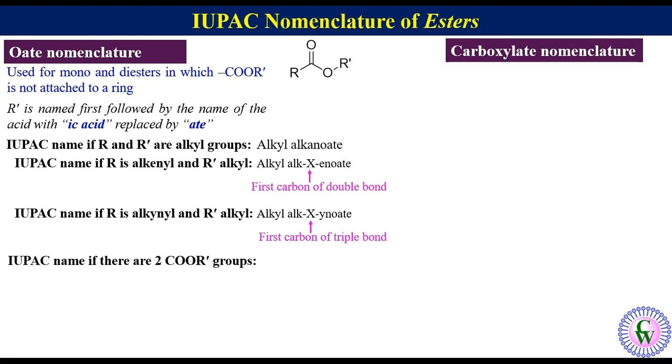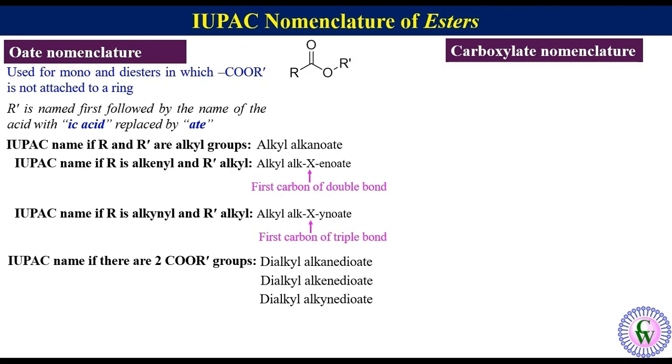If there are two ester groups, then depending upon the nature of the R group, they are named as dialkyl alkanedioate, dialkyl alkenedioate, and dialkyl alkynedioate.